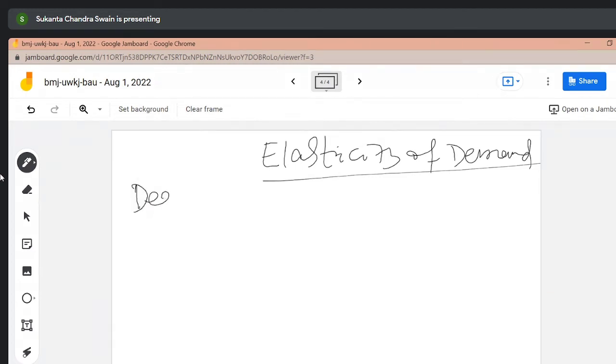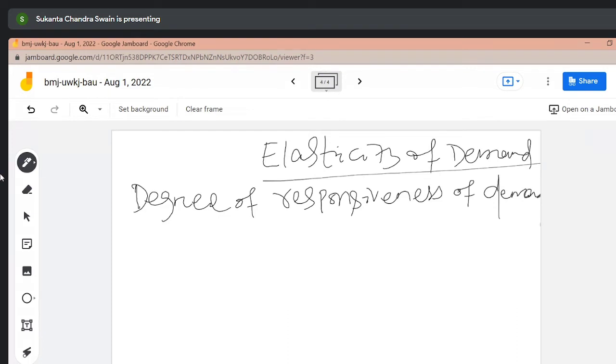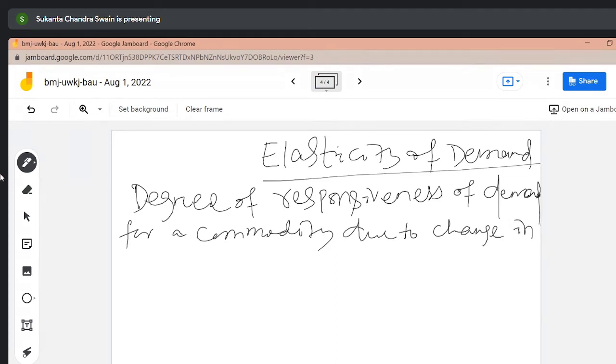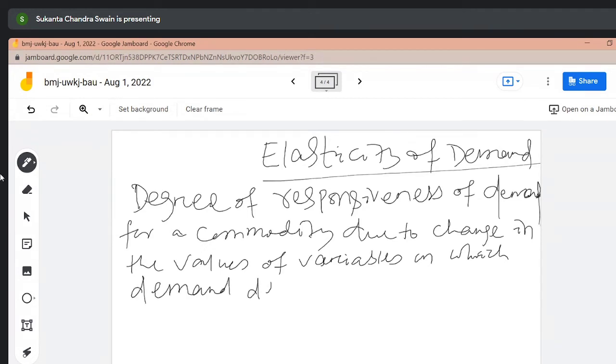Degree of responsiveness of demand for a commodity due to change in the values of variables on which demand depends.